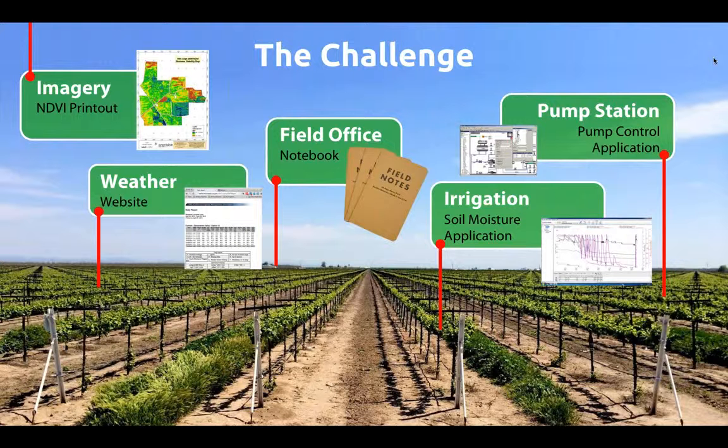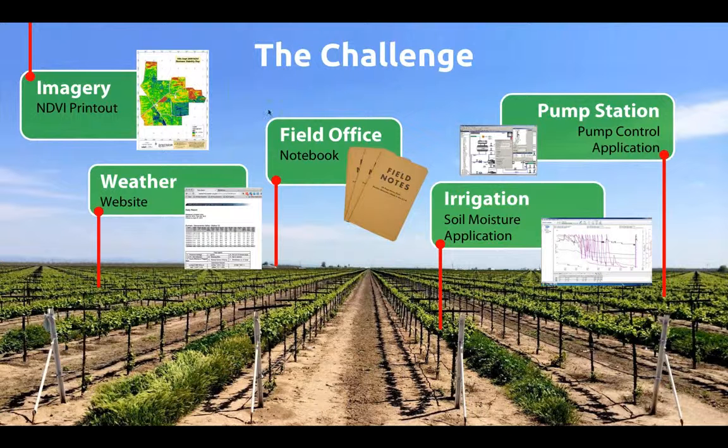A lot of times you've got people in the field collecting data manually off of devices, or like pressure bomb data, where it's usually put into a notebook, never to see the light of day again. It never comes off the dash of the pickup. Or like what Ranch is doing with pump control and soil moisture data.